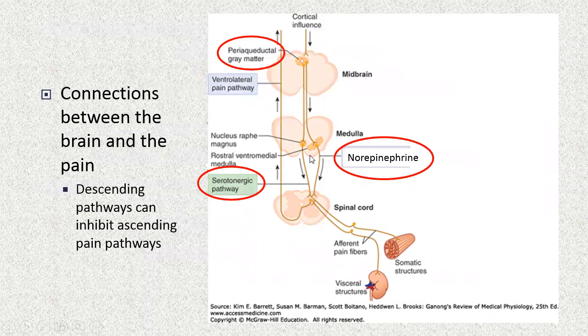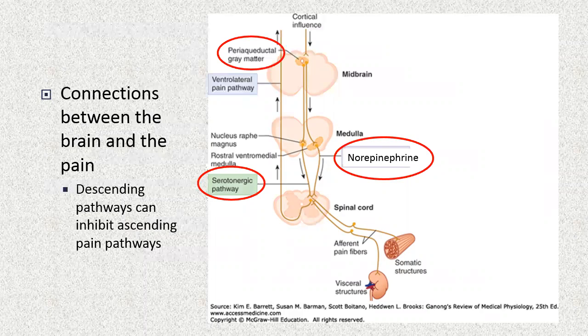These come down from the periaqueductal gray in the midbrain. There are two main descending pathways, a serotonergic pathway and an adrenergic pathway using norepinephrine as its neurotransmitter. Both of these pathways interact with the segmental pain processing pathways within the spinal cord to minimize pain transmission.